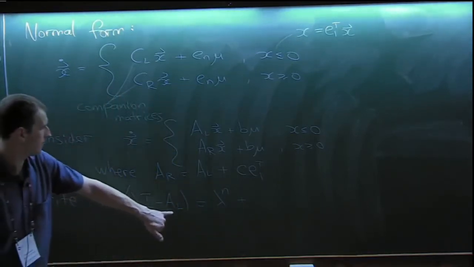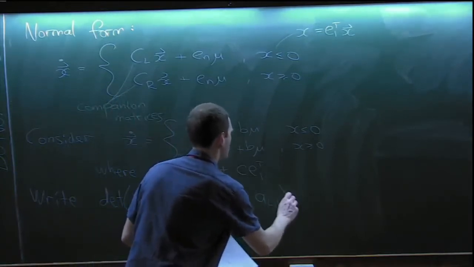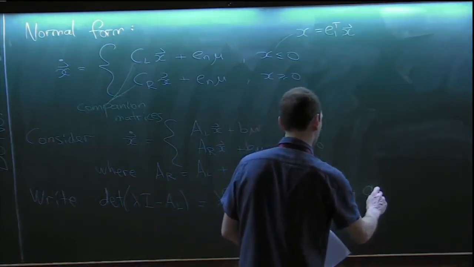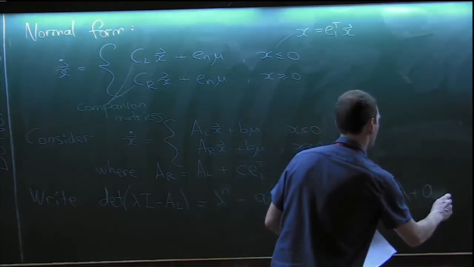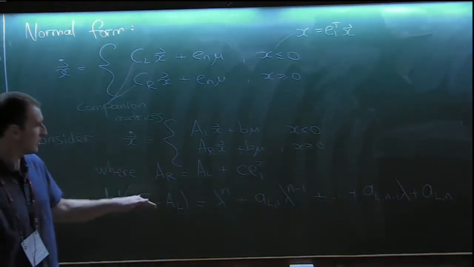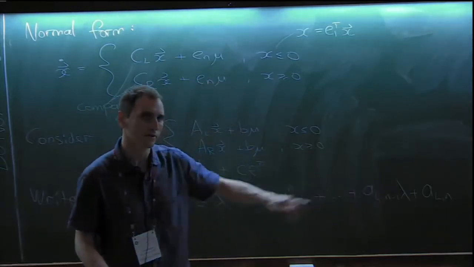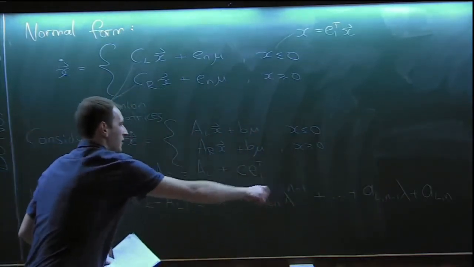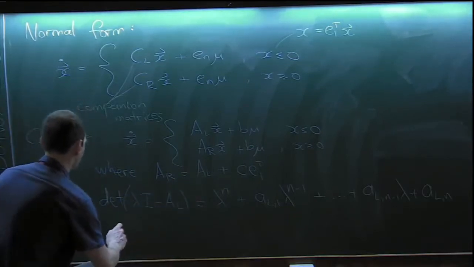Okay, so we'll write out the characteristic polynomial of AL: lambda^n plus A_L,n-1 lambda^(n-1) plus ... plus A_L,0. So for any matrix, you could compute this, and you could give names to the coefficients in your characteristic polynomial. So here's what I'm calling them. And then I could use these coefficients to build up a matrix, capital psi.